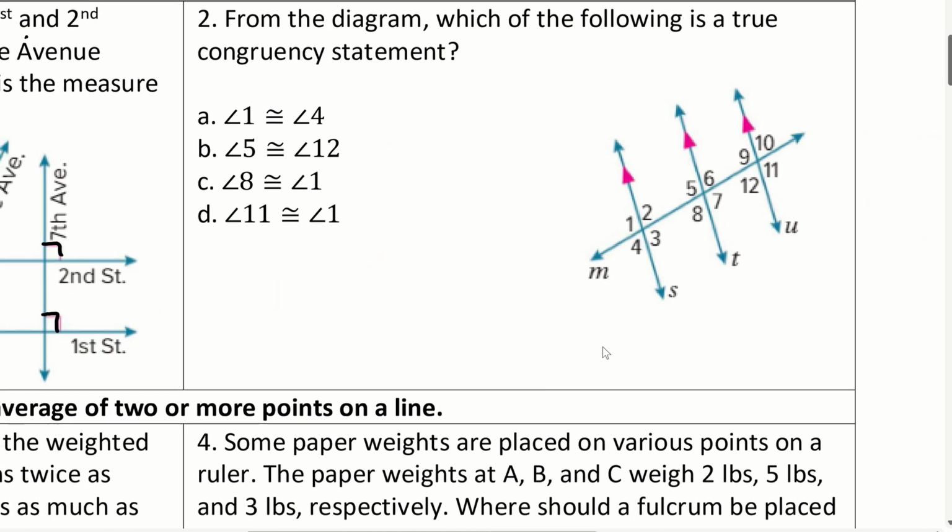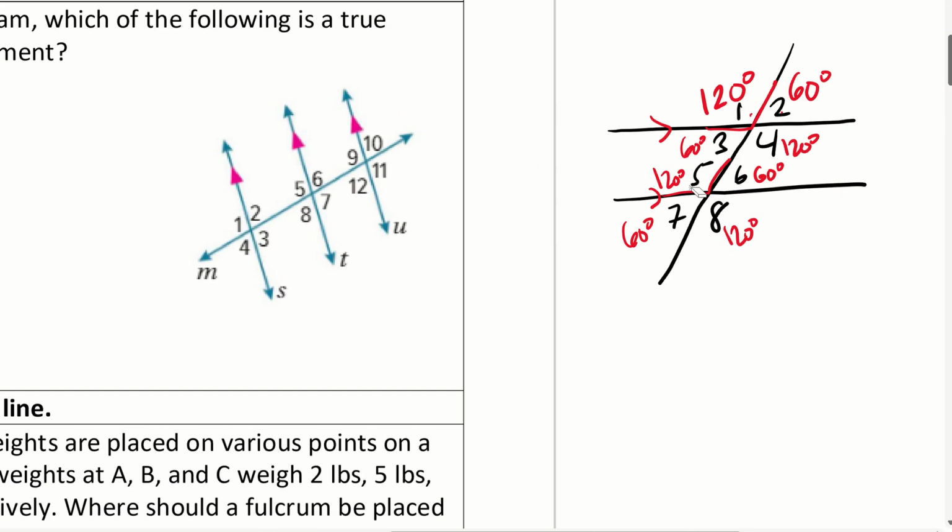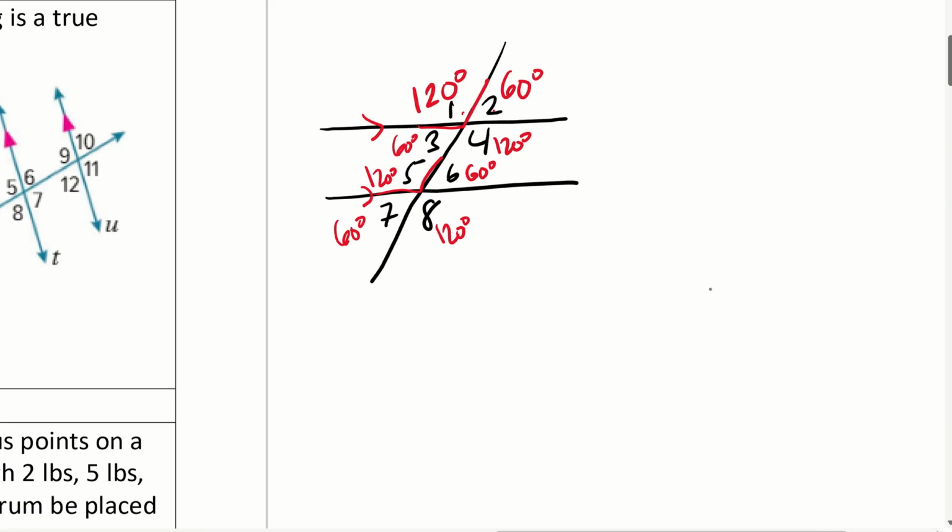Number 2, from the diagram, which of the following is a true congruency statement? All right, so now we've got 3 lines that are parallel, cut by a transversal, a line that goes through them. So if we go back to our picture, we can see that the angles that are outside, that switch sides, are the same.